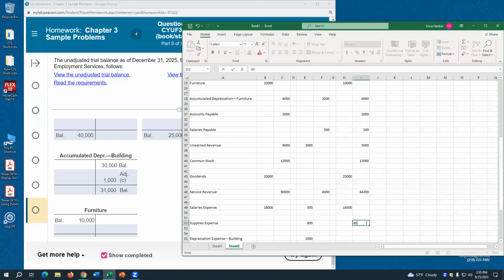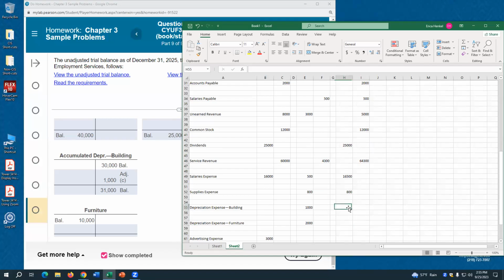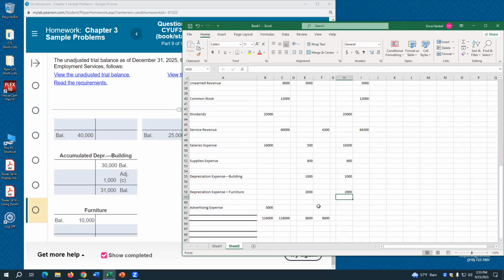No adjustment, or I'm sorry, we had no beginning balance and just the adjustment, so 800. Same thing here, 1,000 and 2,000. And then down here, we had a debit for 3,000 and no adjustments.